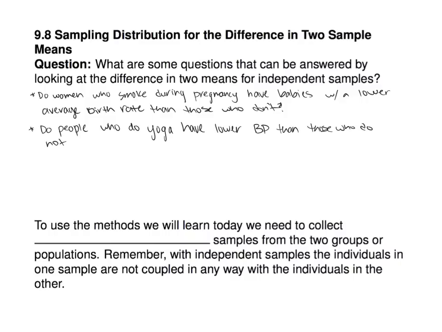And then finally, one really common application of the difference in two sample means is when you're looking at a randomized experiment.